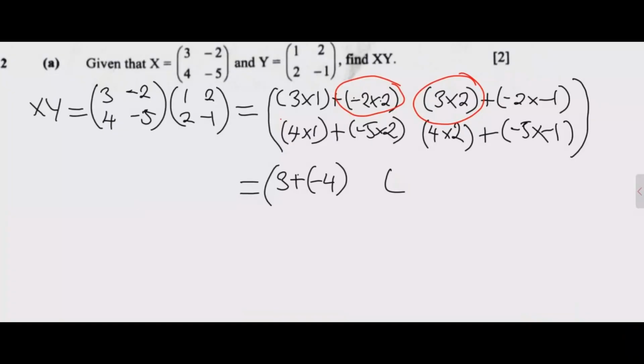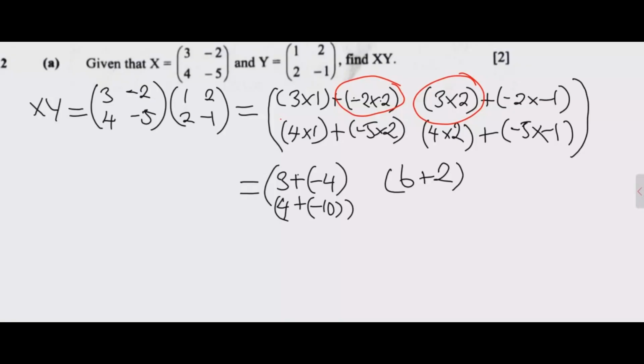Then we say -2 times -1 will give us +2, close bracket. Then we come down, we say 4 times 1 will give us 4 plus -5 times 2 will give us -10. Then we close bracket like that. We put all those in brackets.